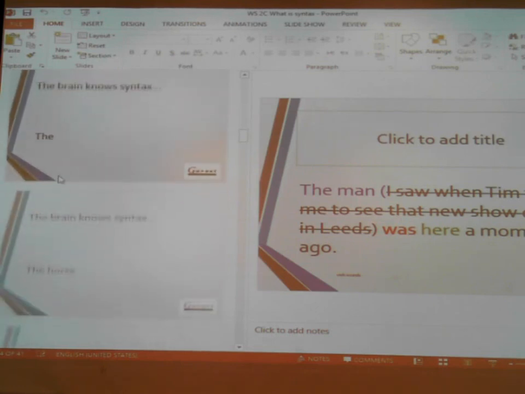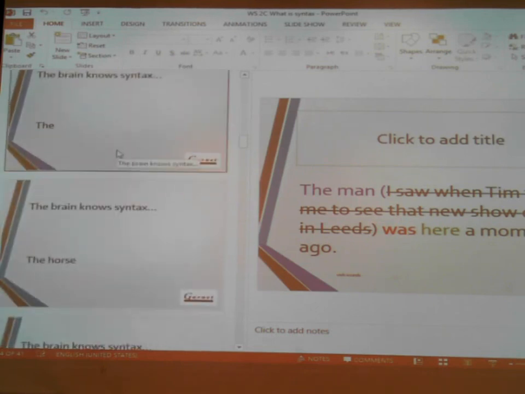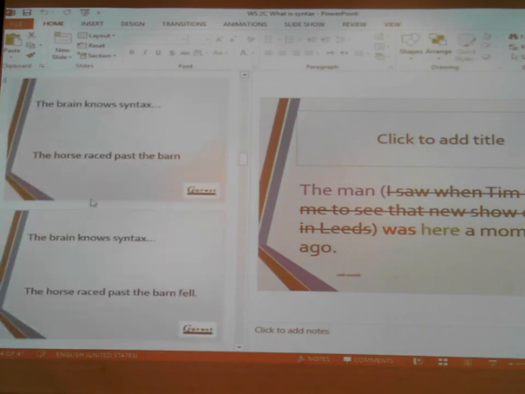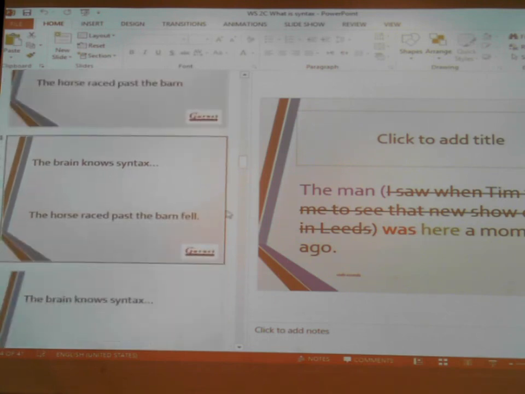How does the brain know syntax? This is really interesting. The sentence starts with the horse, raced past the barn, fell. Where's the main subject or the main noun? The horse. Where's the verb? Fell.